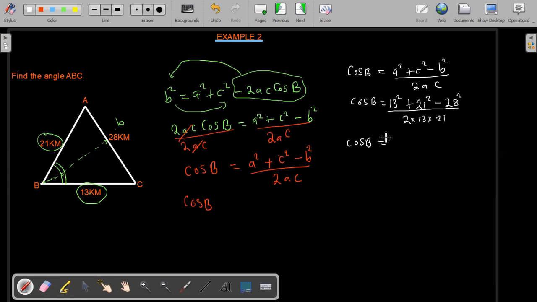Let's punch the calculator. 13 squared. Okay, so let's change this number 28. It is giving us something I don't want. It is going to take us to some manipulations where we need to know things to do with quadrants.